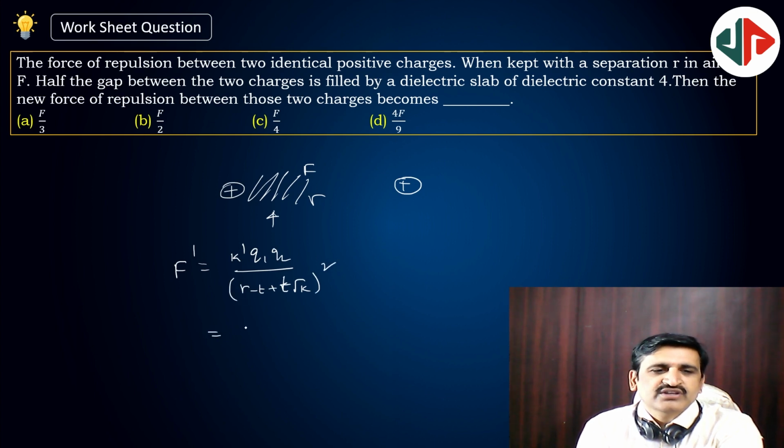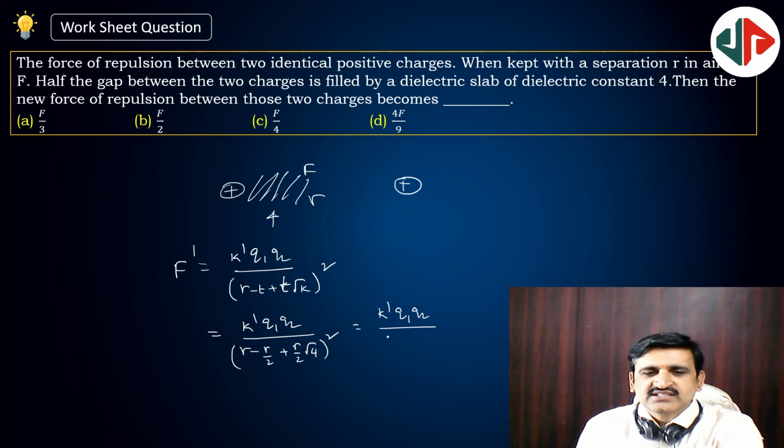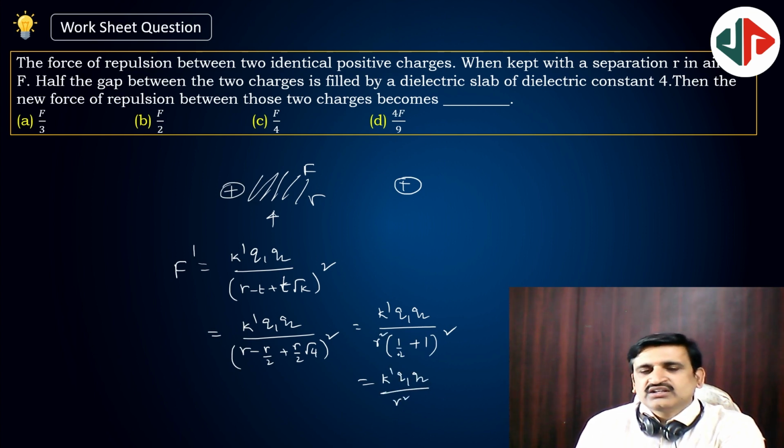So K Q1 Q2 by (r minus r by 2 plus r by 2 root 4) whole square, which is K Q1 Q2 by (r by 2 plus 1 r) whole square, so the 2 goes, giving K Q1 Q2 by r square into 4 by 9.